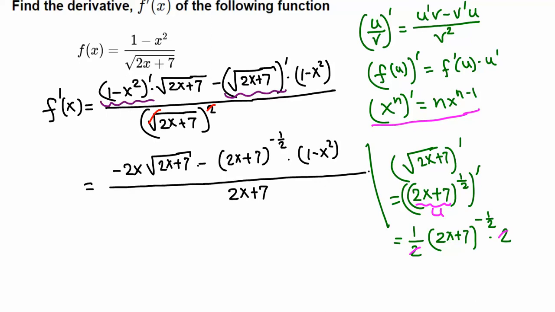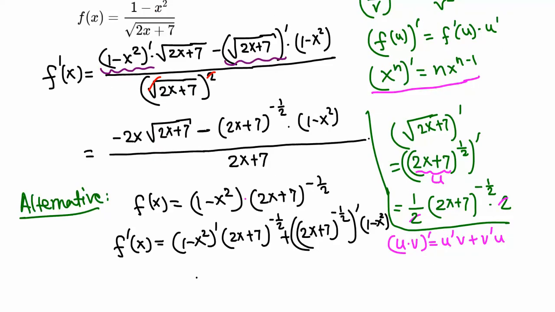Okay, or if you don't like this fraction, you can make it a product and use the product rule. Let me show you how. Alternatively, let's go back and rewrite this function, 1 minus x squared over 2x plus 7 raised to 1/2. That square root means raised to 1/2. Move that to the top, raised to negative 1/2.